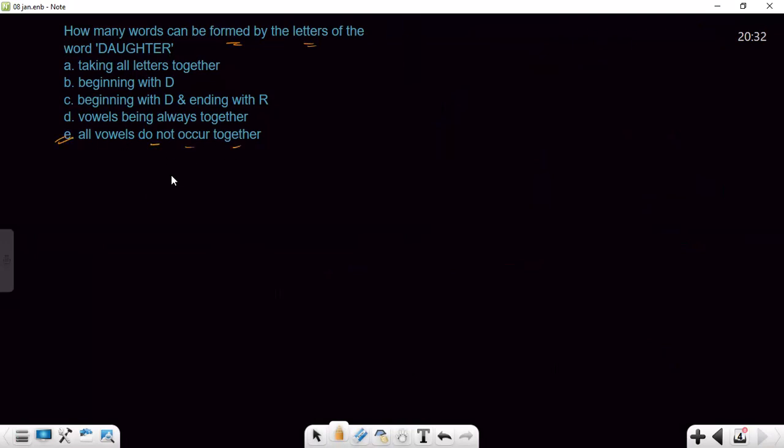So in this particular case, how can you solve it? You have to find 2 things here. First, calculate the total number of arrangements, the total number of words that can be formed without any condition, minus the opposite of the condition that is given.